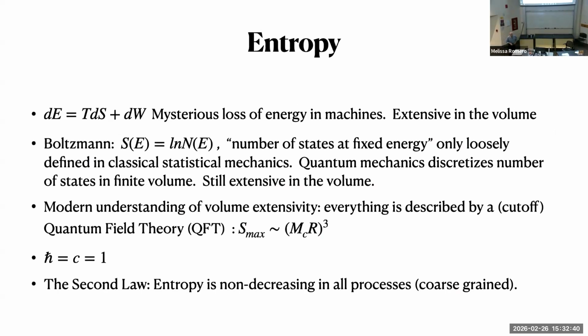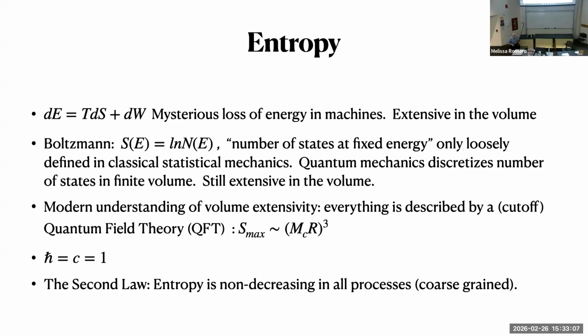Entropy first appeared in the Industrial Revolution as an apparent violation of the law of conservation of energy. You put in some energy and you didn't get out as much work as you thought you put in. It was sort of mysterious, but one of the things you learned about it was it seemed to be extensive in the volume of the system that you were working with.